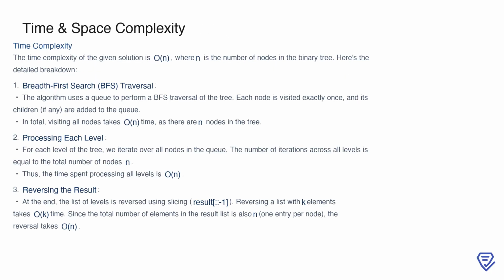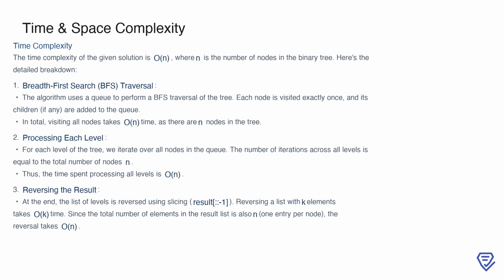Here, we analyze the time complexity of the solution. The primary operation in our algorithm is the breadth-first search, or BFS, traversal. Using a queue, we visit each node exactly once and enqueue its children, if any. Visiting each node once results in a time complexity of O(n), where n represents the total number of nodes in the binary tree. Additionally, for each level in the tree, we iterate over all the nodes present in the queue.